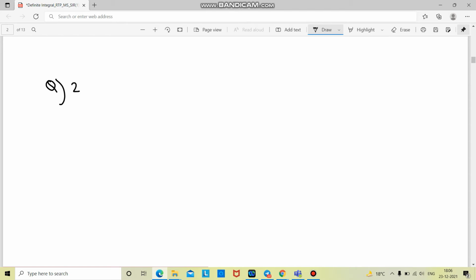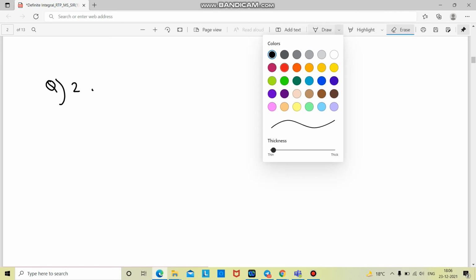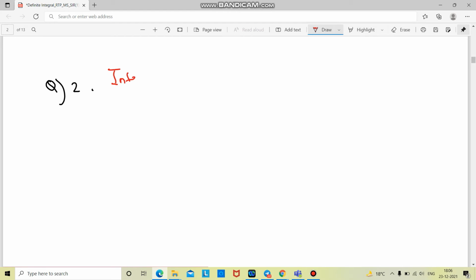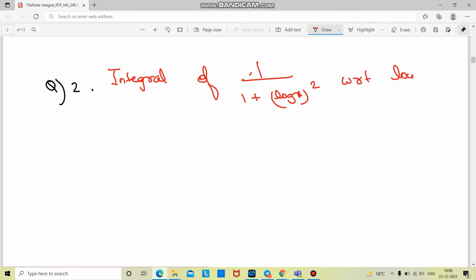We will take another question, question number 2, which is the integral of 1 by (1 plus log x) whole squared with respect to log x.